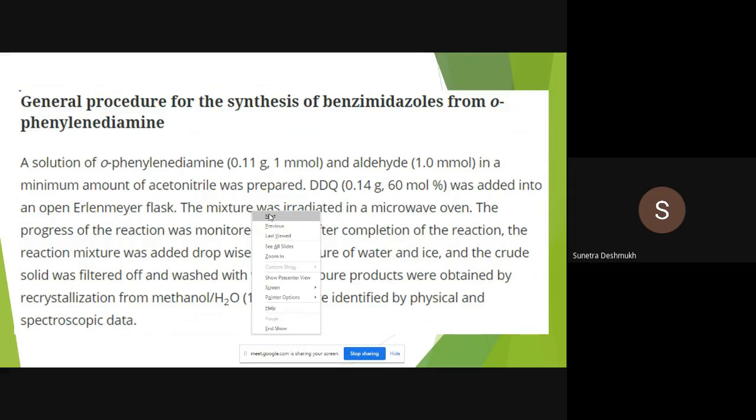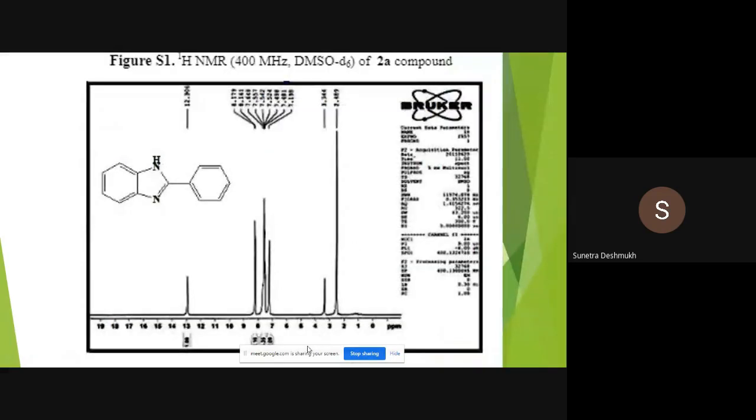Spectroscopic data today I will give you some. Once you synthesize in the laboratory, in case of a project, once you get your final product in your hand, it should be pure, and then you can go for the NMR and C13 data. This is the proton NMR data for this benzimidazole.